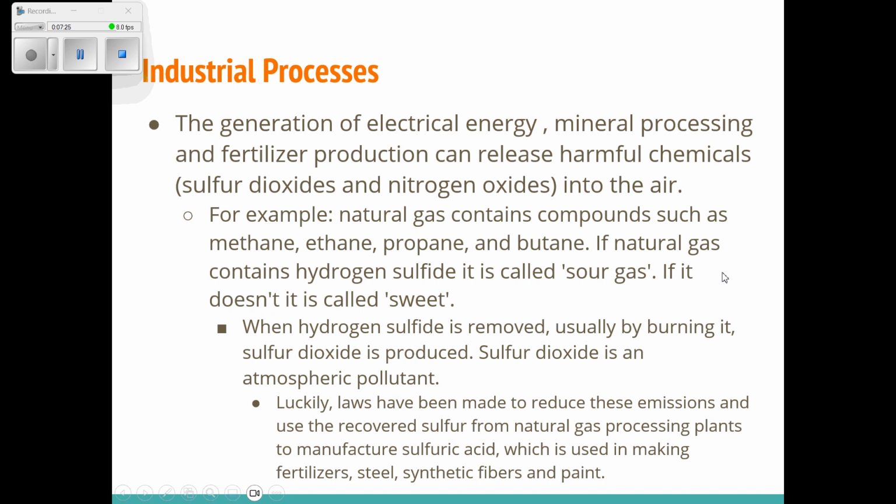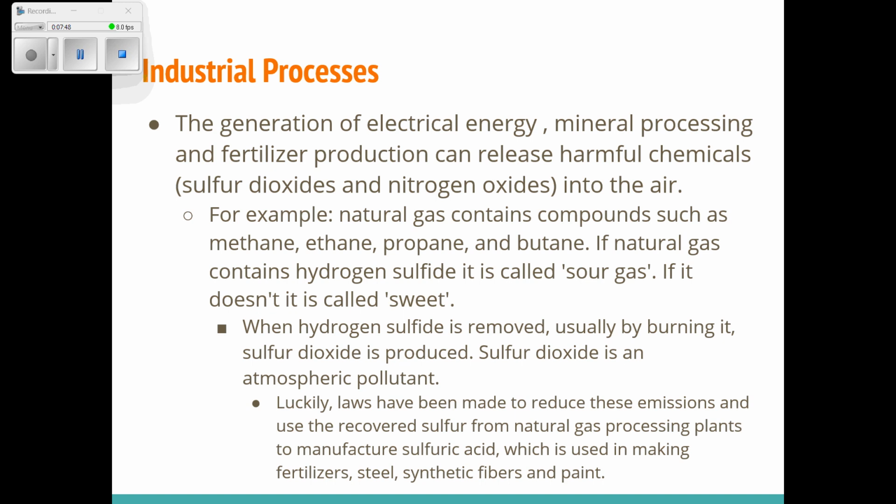Industrial processes, the generation of electrical energy, mineral processing, and fertilizer production can release harmful chemicals such as sulfur dioxides and nitrogen oxides into the air. So both of those are not good for our air. An example of this is that natural gas contains compounds such as methane, ethane, propane, and butane.